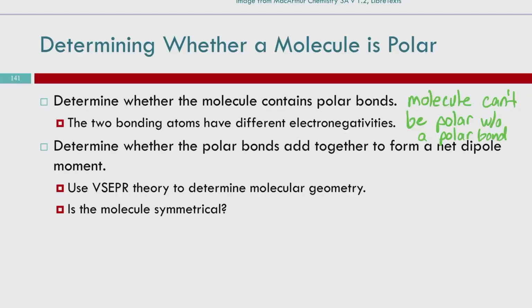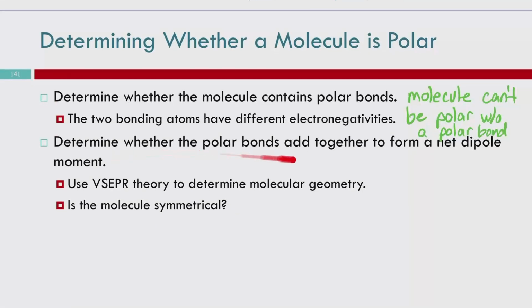So if you're given a molecule and you want to know if it's polar, first refer to your electronegativity values on your yellow sheet or somewhere else. Figure out, do we have any polar bonds present? If you don't have any polar bonds, congratulations, it's nonpolar. We saved ourselves the time of thinking about arrows or doing our little shortcut that we'll talk about in a bit.